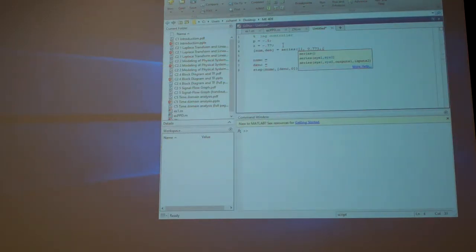And then denominator for this one, that is 1.5. And then for the second system, numerator, that is 10. And then the denominator is 1, 10.